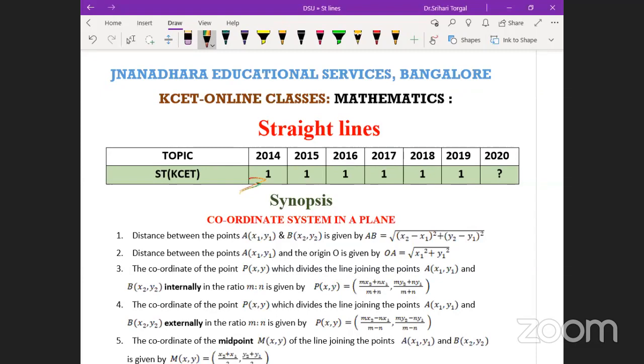One question in 2014, 2015, 16, 17, 18, 19, and 20. We can expect a minimum of one from this part.